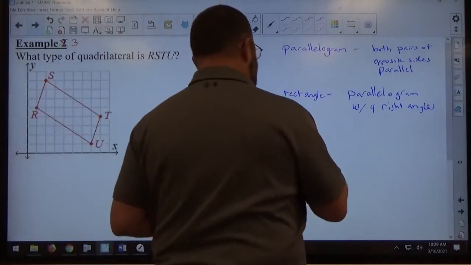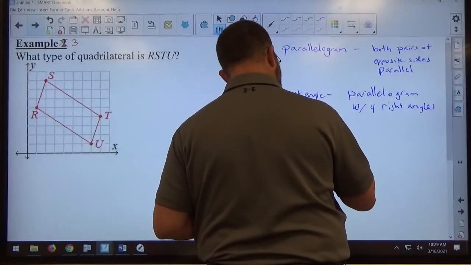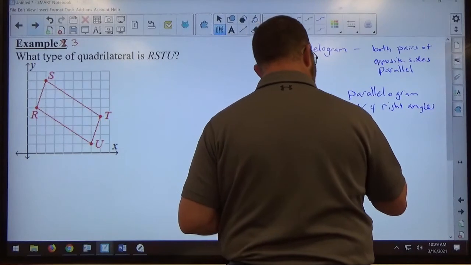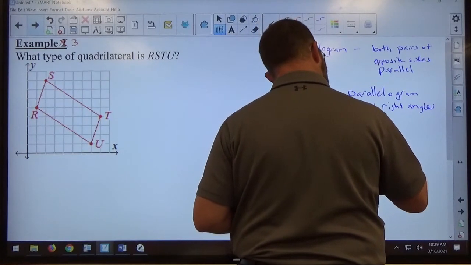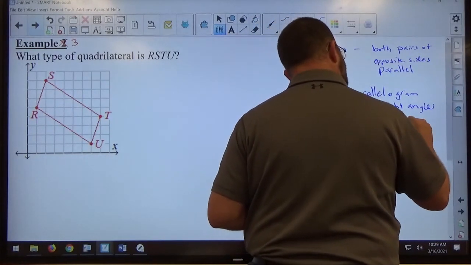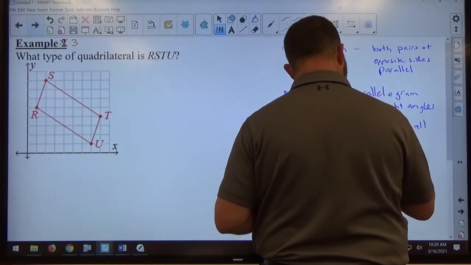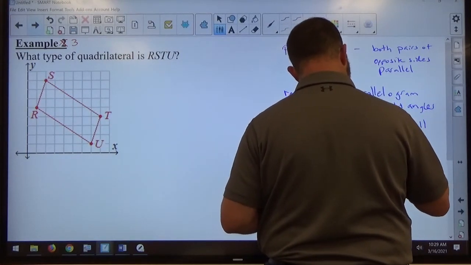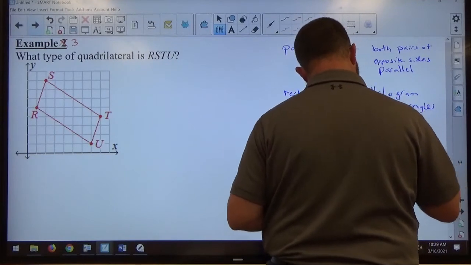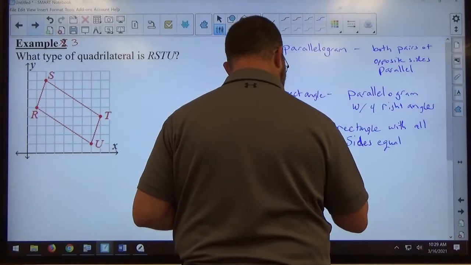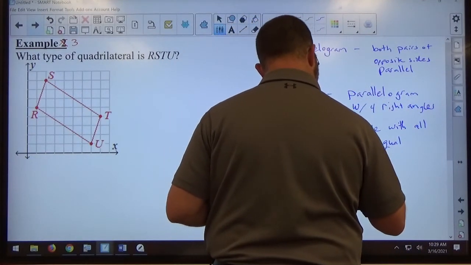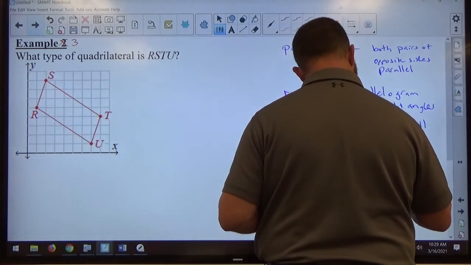All right, if it's a square, that's going to be a rectangle with all sides equal. If it's a rhombus, it's a parallelogram with all sides equal.